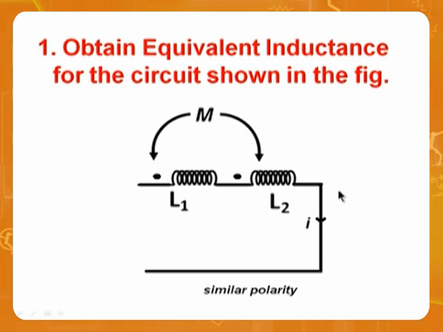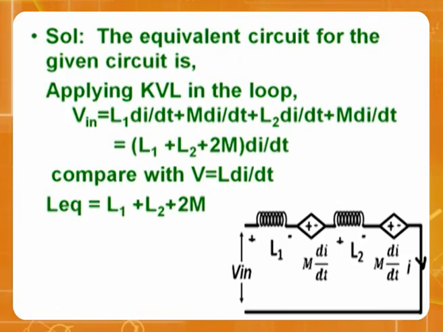Now let me give you the solution. In the solution, the first thing is the equivalent circuit. Look at the equivalent circuit here. L1 as it is, L2 as it is, M di by dt, M di by dt. What will happen? Plus minus. Why plus minus?